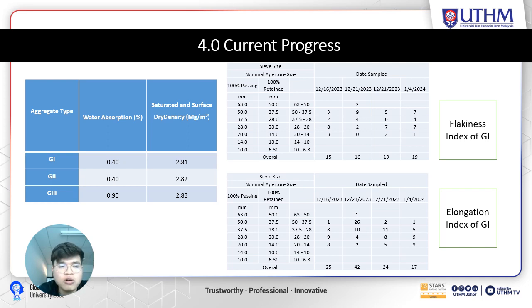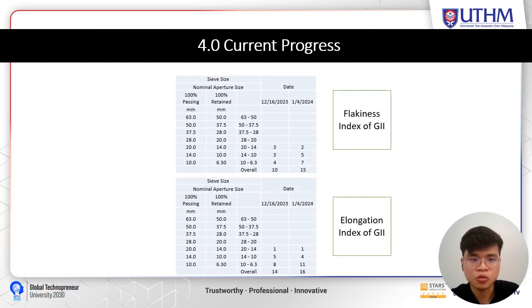We have also inspected the production of the aggregate, like G1 and G2, for particle shape, to check the consistency of the aggregate production and that it complies with the requirement. This one is the continuation, the G2 result for the particle shape.